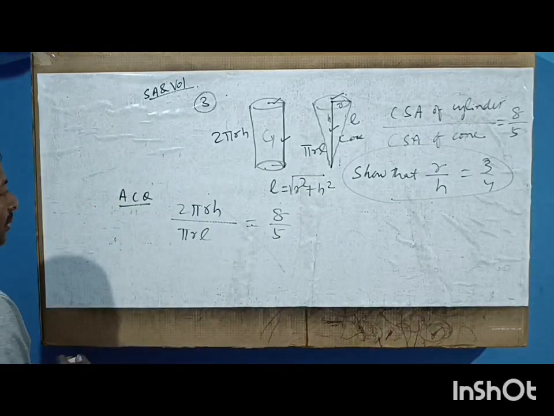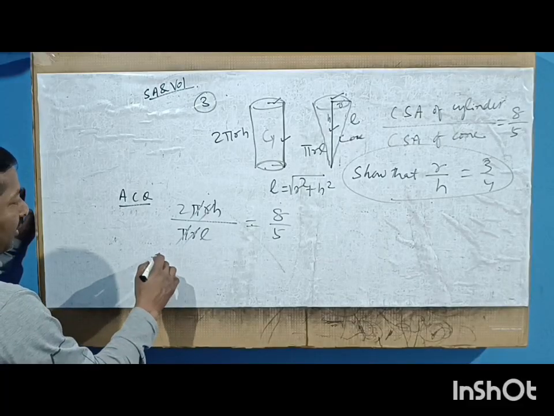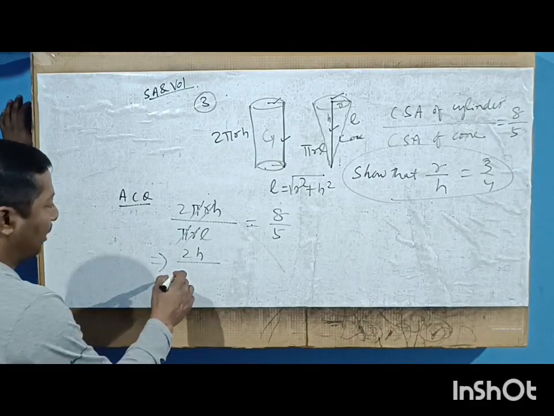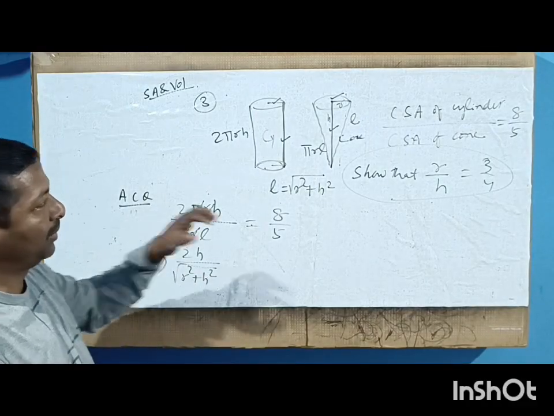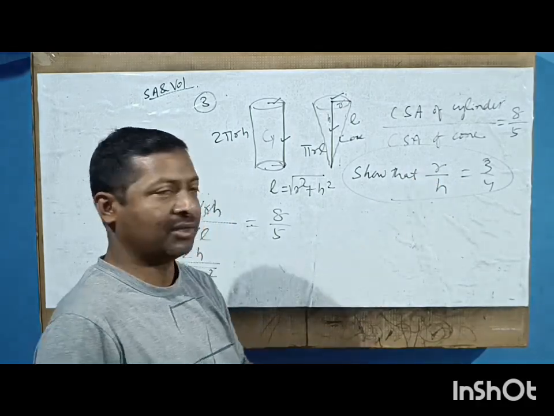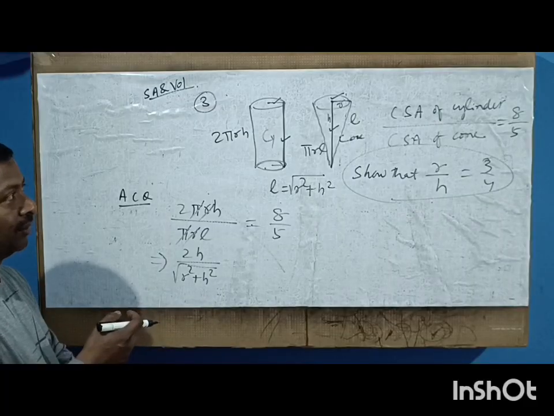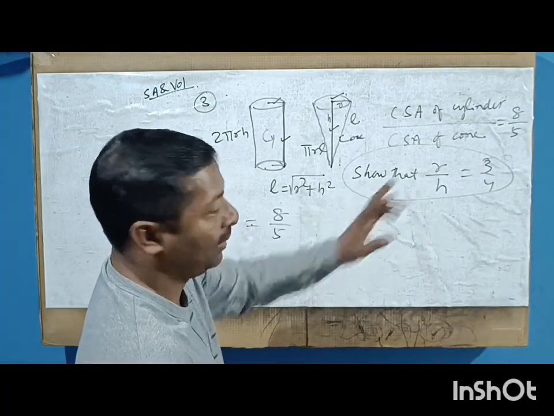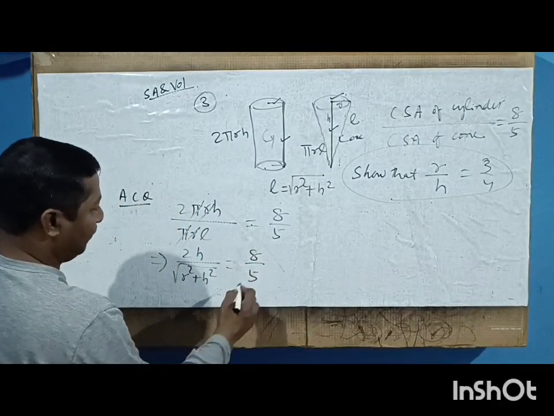So pi can be cancelled, R can be cancelled. So 2H divided by L can be written as square root of R square plus H square. Why am I writing this? Because I have to show R by H as 3 by 4. So I am converting L into R and H form, because I have to end the proof with R by H in LHS. So this is 8 by 5.